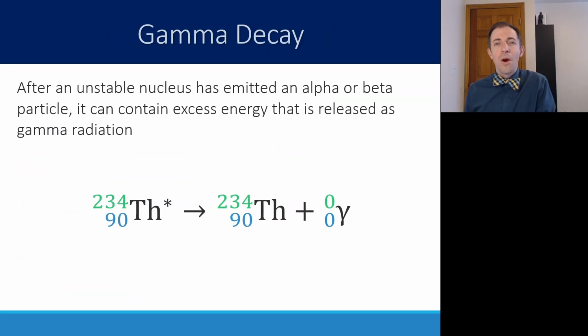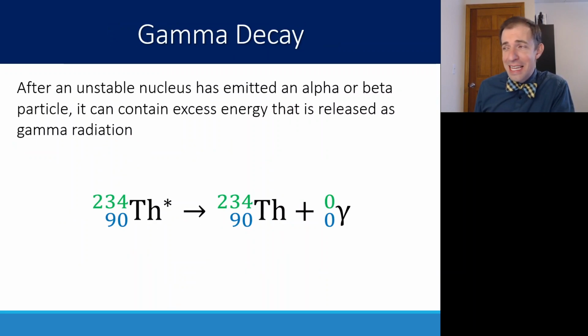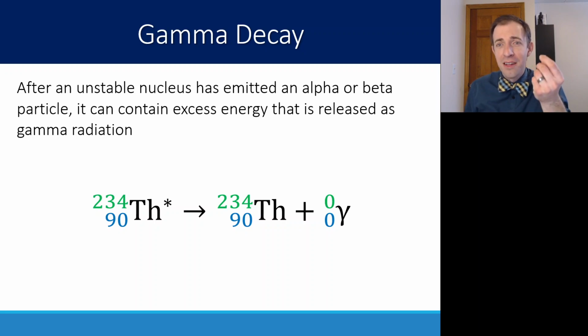There's one last type of decay that we'll be talking about, and that's gamma decay. This rarely happens just by itself. Oftentimes, we'll see gamma decay happening in conjunction with alpha or beta decay because it's already emitted this particle, this alpha particle or a beta particle like an electron or a positron. And then it also has this extra energy.